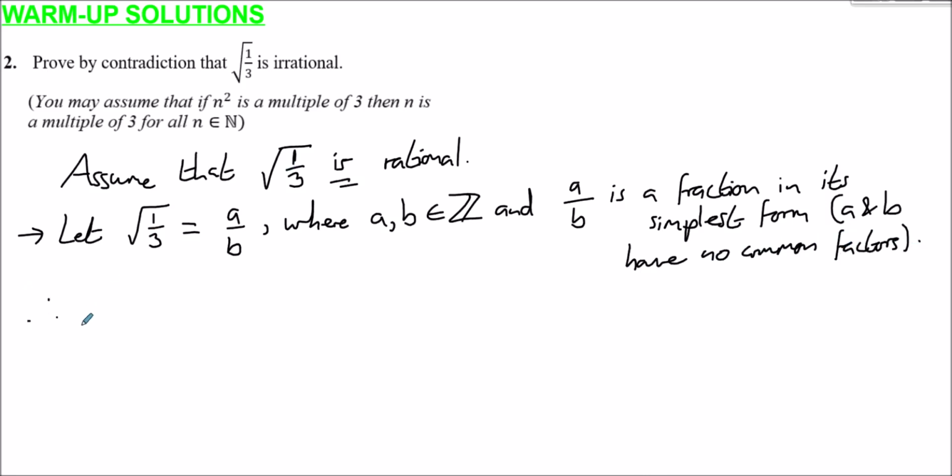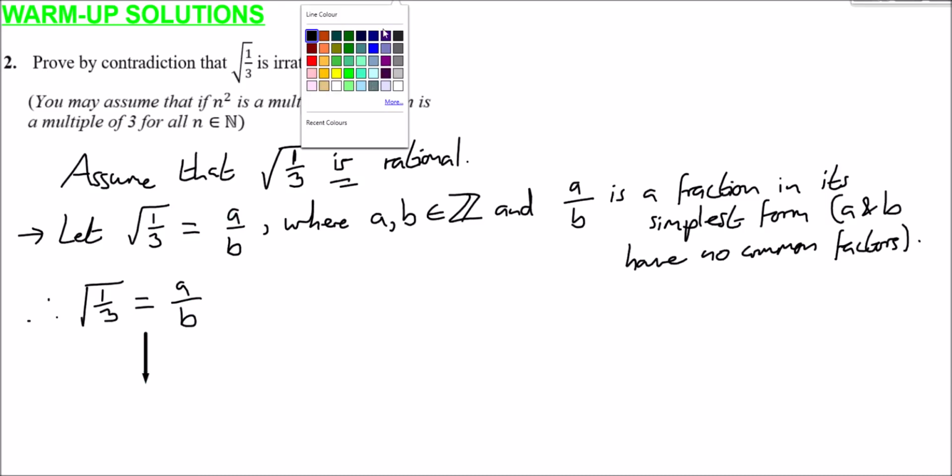So therefore, the square root of 1/3 equals a over b. So next, we can square both sides.